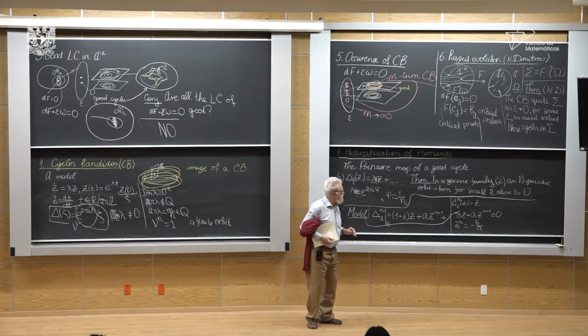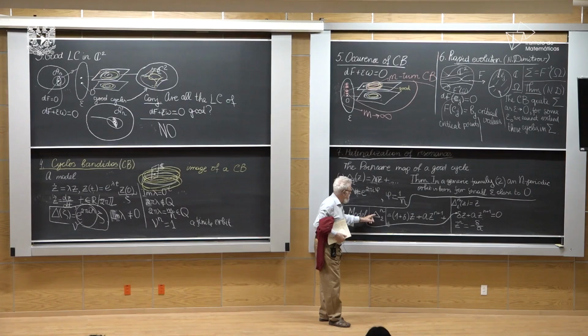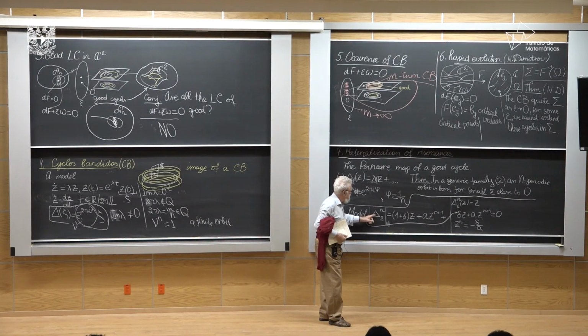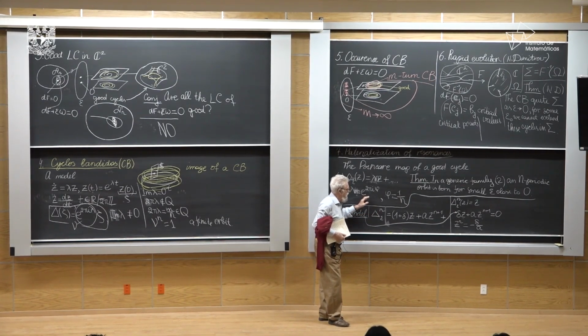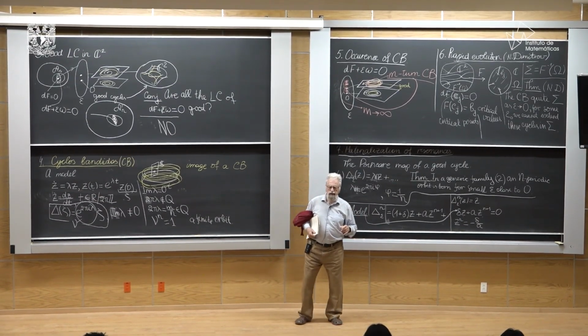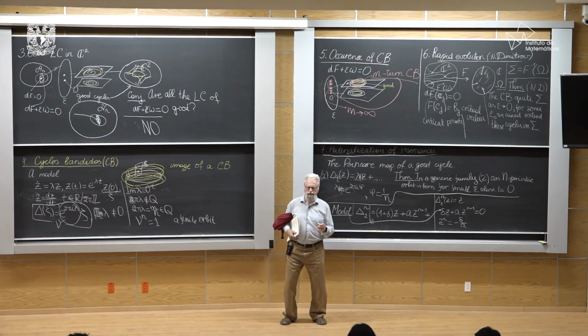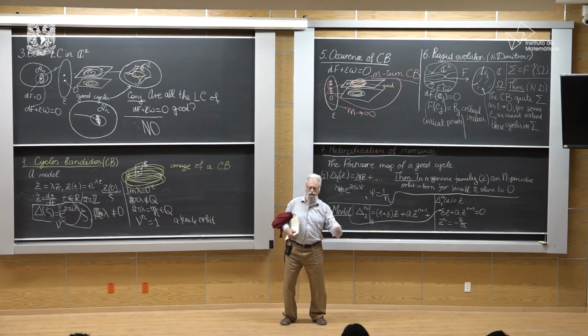The similarity comes in the following situation. Let us iterate n times the Poincaré map of our good cycle. Instead of that, we can say, let us consider not our good cycle, but our good cycle run over n times.